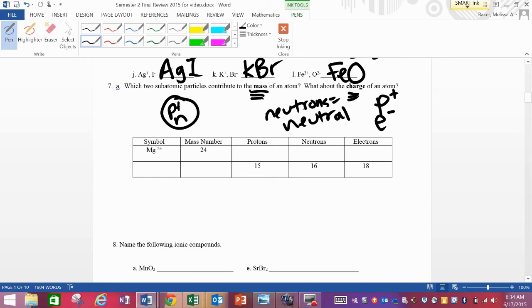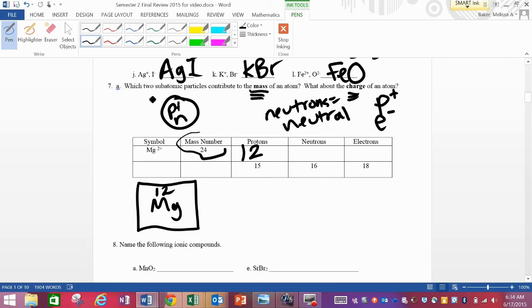That's going to help us out with this bottom part here. So filling in this table across, let's look at magnesium's spot on the periodic table. We're really looking for the number at the top. Since magnesium is number 12, that means it always has 12 protons. Protons tell you the identity of an element.